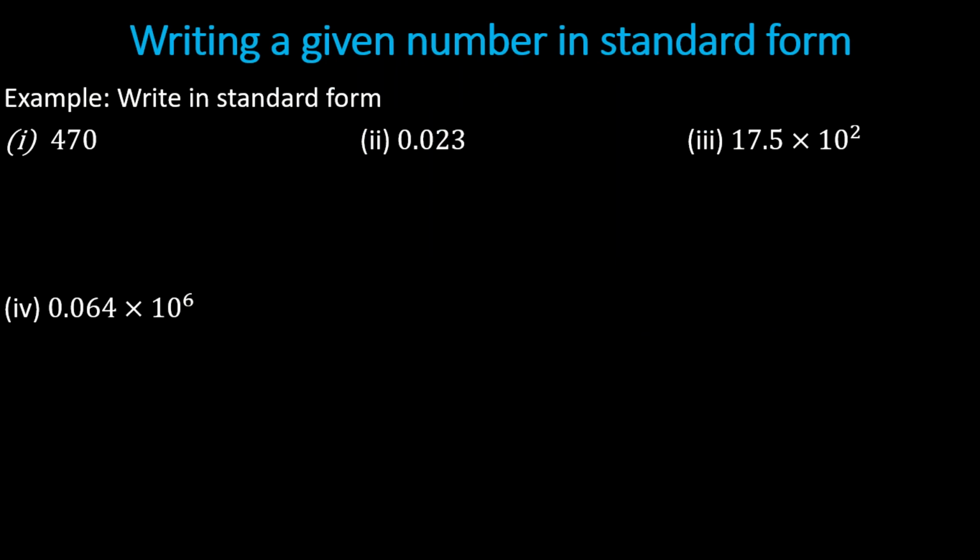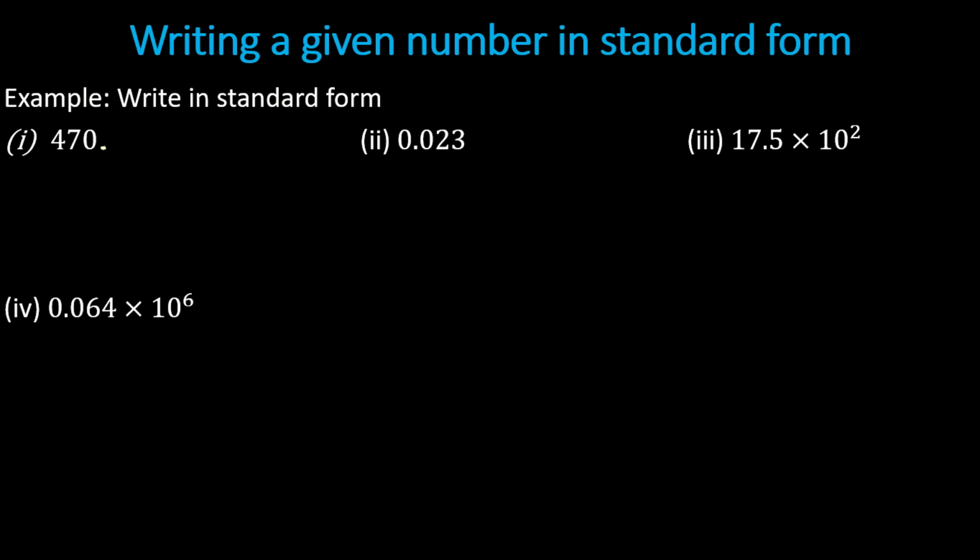The first example, it says write in standard form. First part, we have 470, right? Since 470 is a whole number, the decimal point is found completely at the end, right?